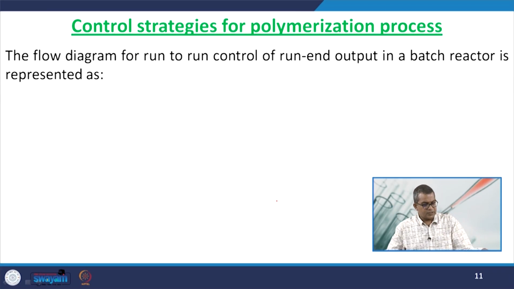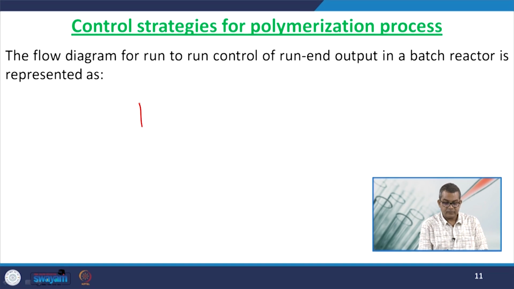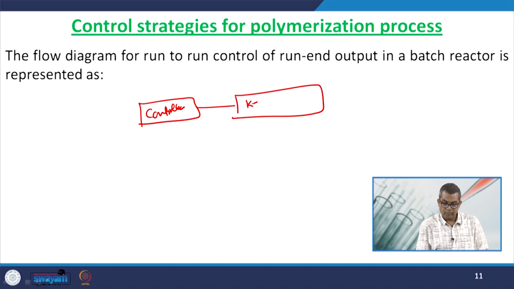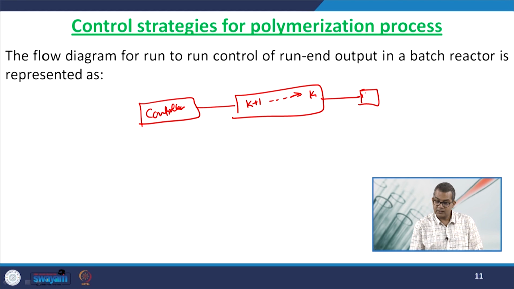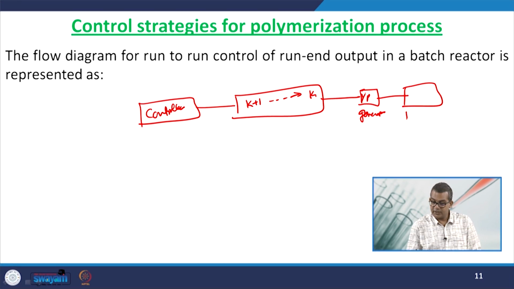Now, this particular thing is made clear by this diagram. Here you have one controller, then this is the input and product generator. This is your batch reactor, and this is your output.